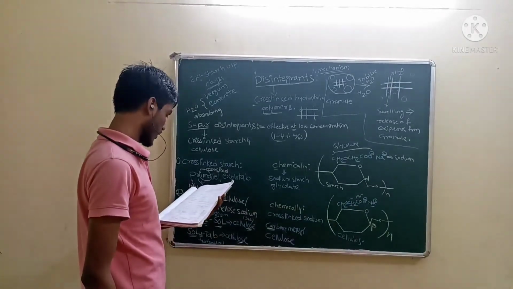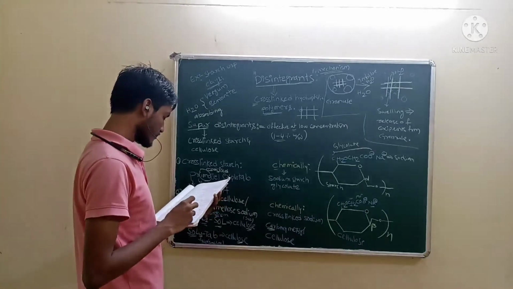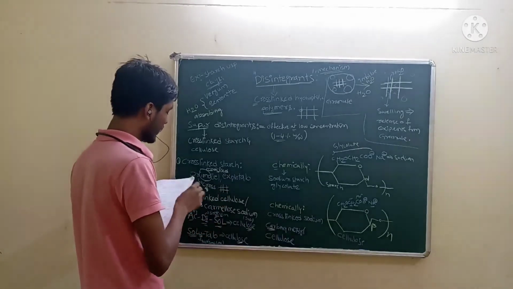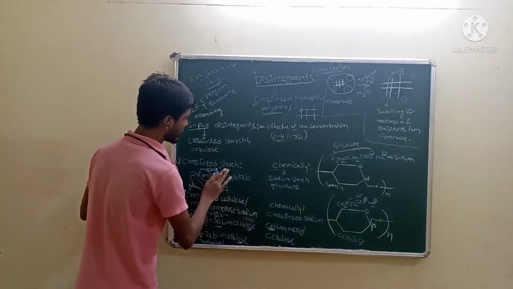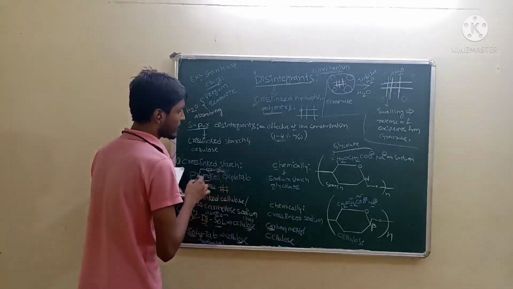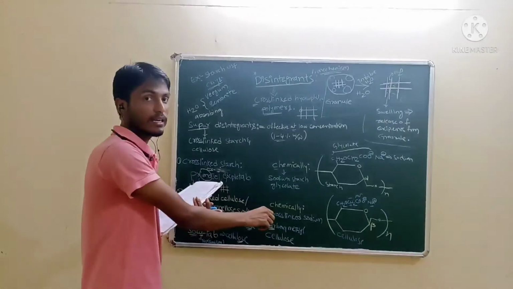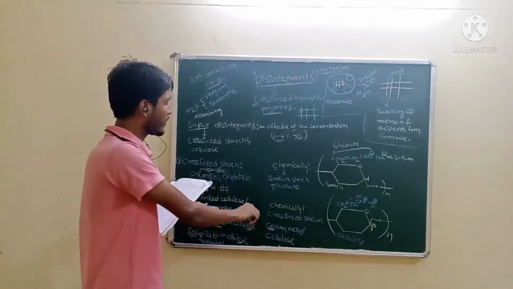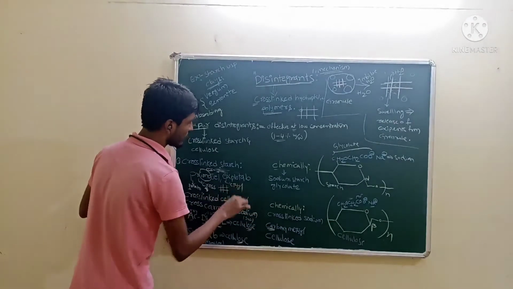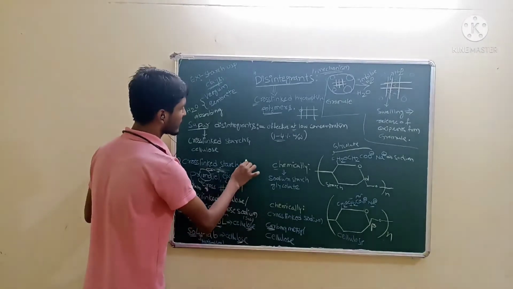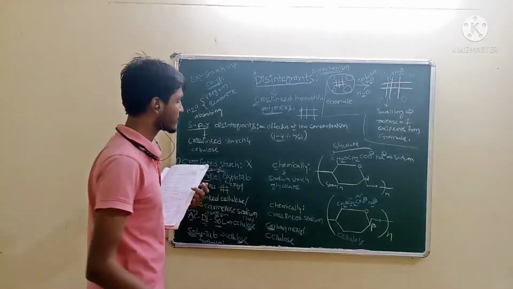Next one is Explotab. E indicates the ethyl group is substituted in Explotab. X means cross-link; the X symbol we can use for cross-linking.